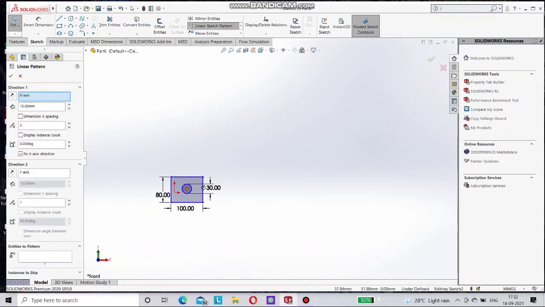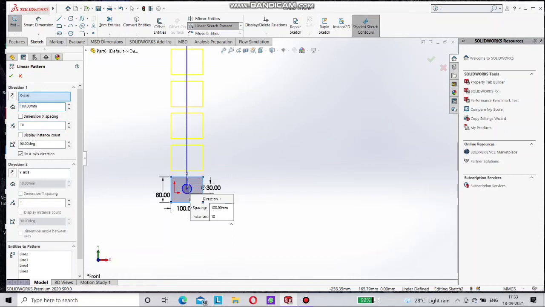Again go to the linear sketch pattern and select pattern. You can give any number of degrees here, 90 degree also. Increase the number of patterns as a 10 and give here a dimension 130.